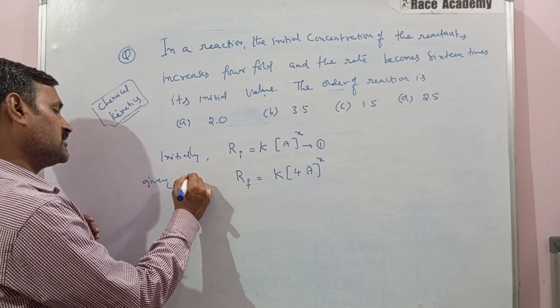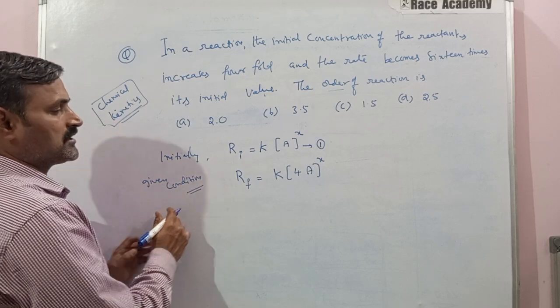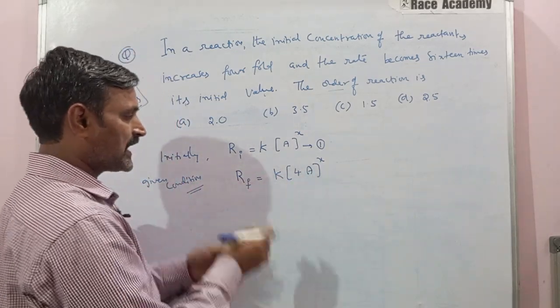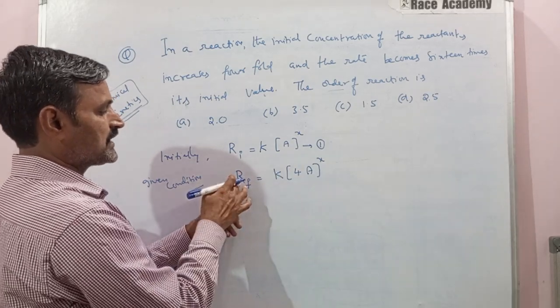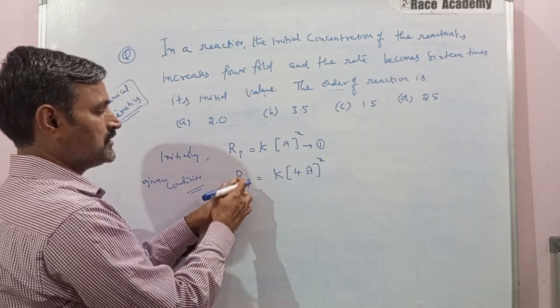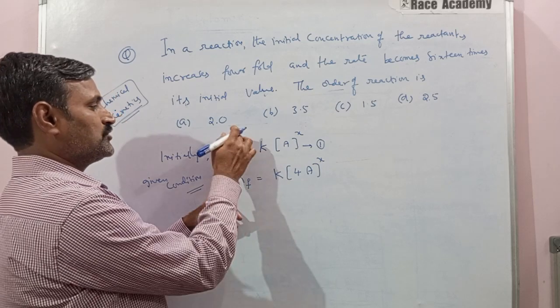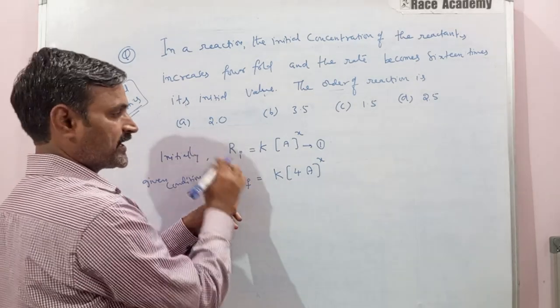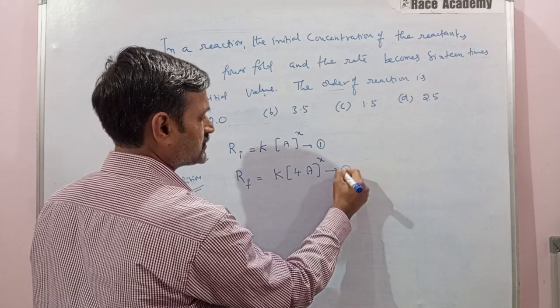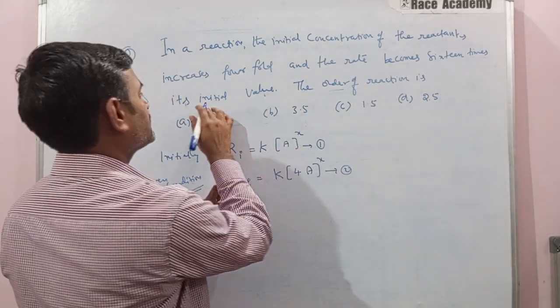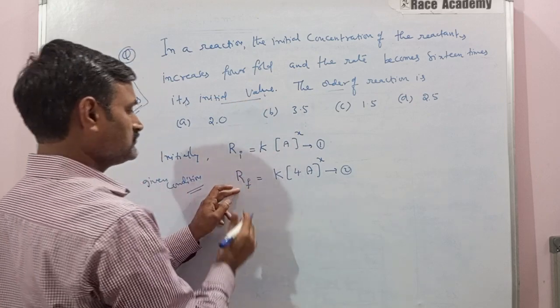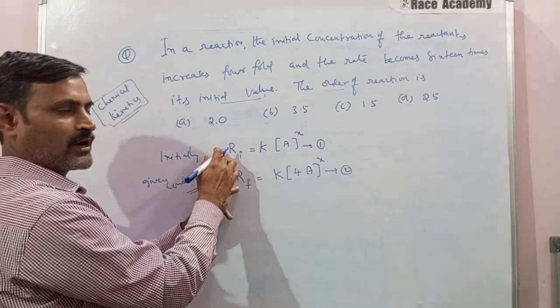If the concentration is raised 4 times, then what about the final rate of the reaction relative to the initial one? Yes, this RF has become 16 times the initial value. What is the initial value? RI.